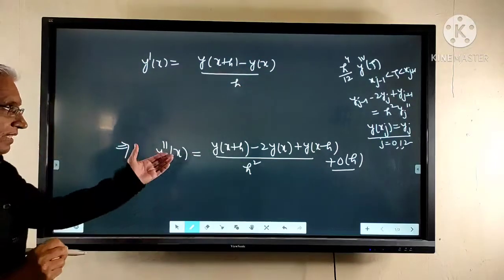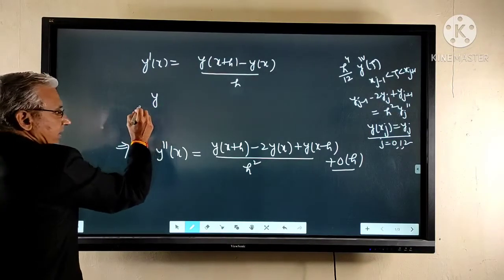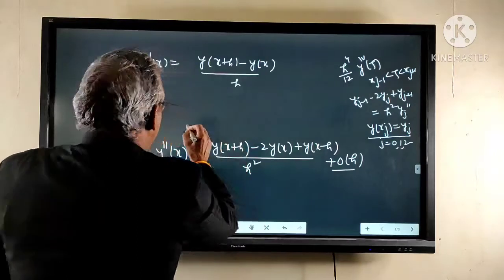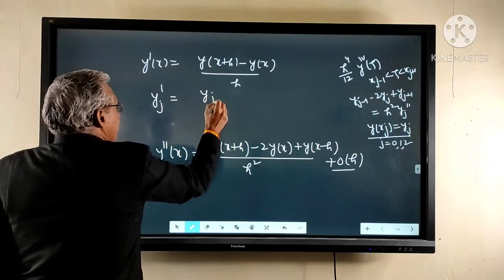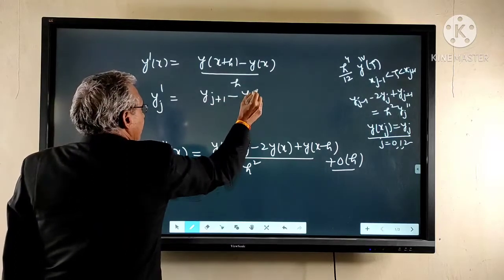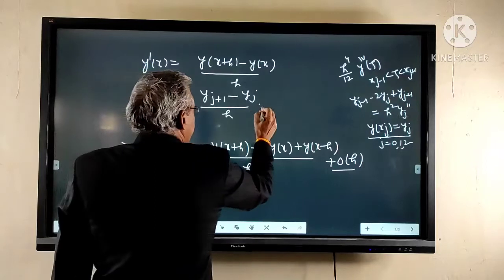So at the point x = x_j, we can write y_j' = (y_{j+1} - y_j)/h.